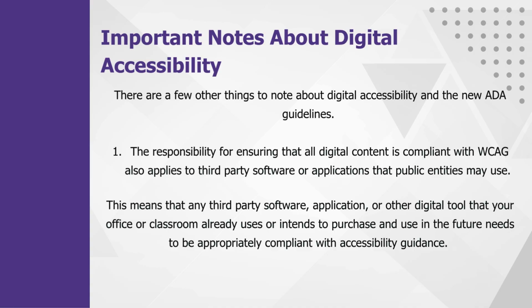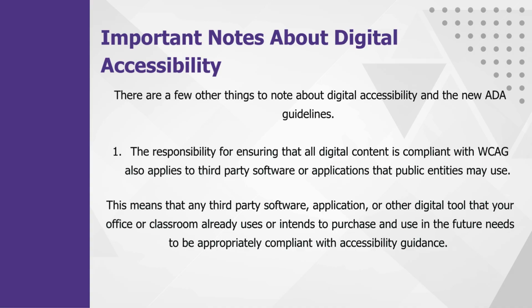There are a few other things to note about digital accessibility and the new ADA guidelines. The responsibility for ensuring that all digital content is compliant with the WCAG guidelines also applies to third-party software or applications that public entities may use.